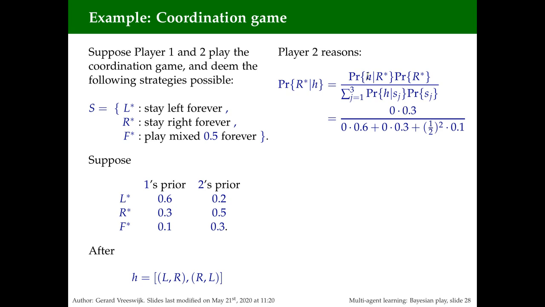Of course, the probability that this history emerges, given that the first player plays right all the time, is of course 0, times the prior, which is 0.5. I switched the priors of 1 and 2, but it doesn't matter for the example. But at least this is, of course, 0 because of this 0 here. All the other numbers don't matter.